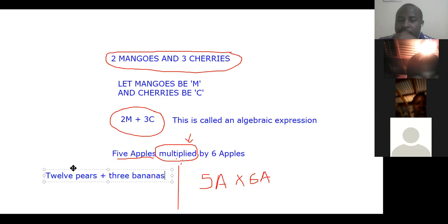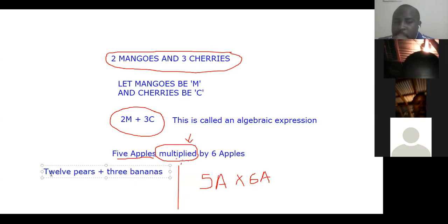Dejan, please write an expression, an algebraic expression, to represent this statement.